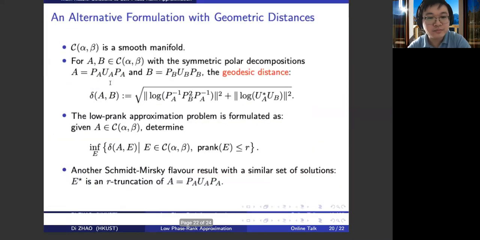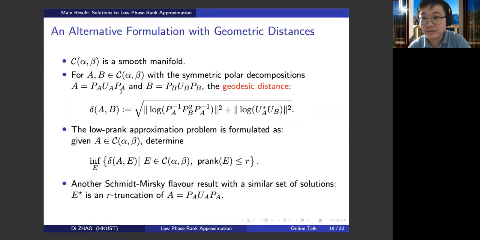If we take this symmetric polar decomposition and just remove this part, or take the sectorial decomposition, the remaining stuff is the optimal rank 0 approximation.